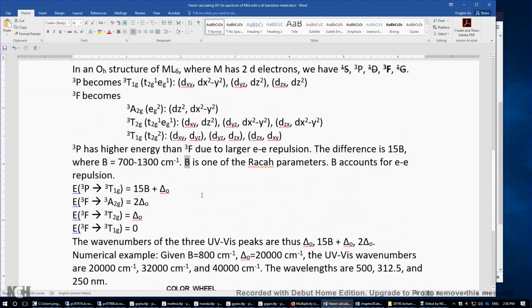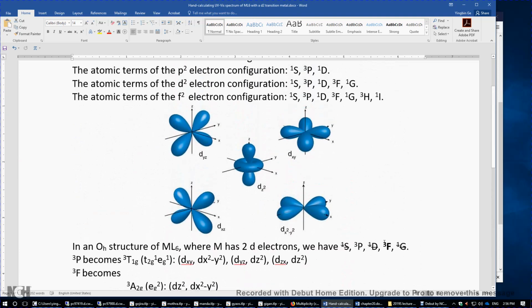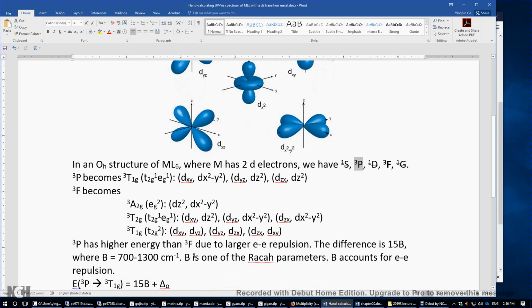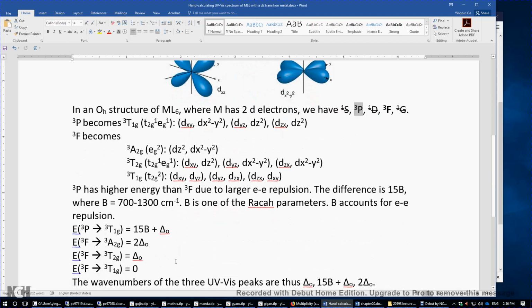And again, I just talked about the electronic transition from 3F to 3P. We observe 4 different energy levels, and because of that, we observe 3 UV-Vis peaks from the ground electronic state to the 3 excited states.